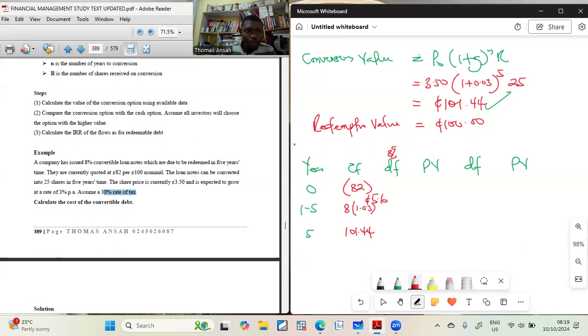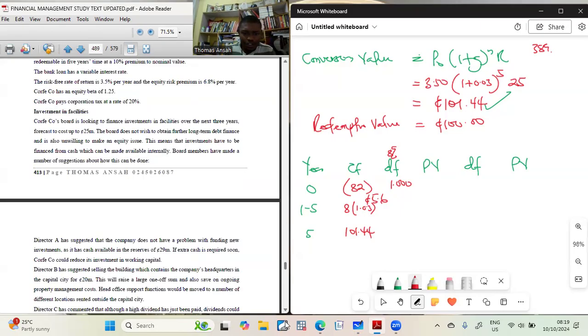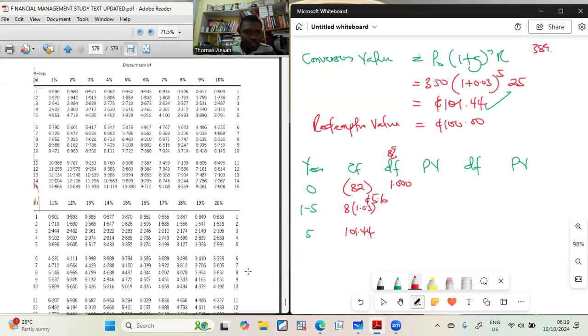So we are at page 839. We're going to take our readings. So we are going to read 8% for how many years? 5 years. This is the annuity one. 8%, 5 years, that is 3.993.